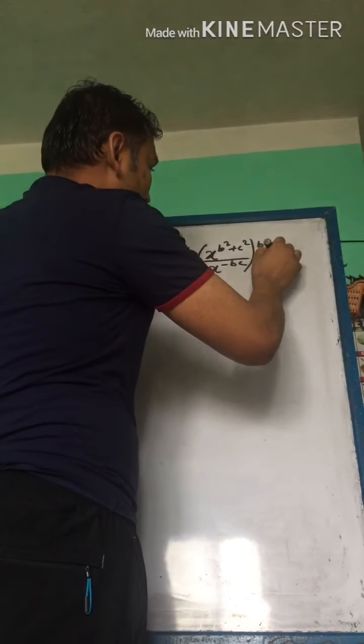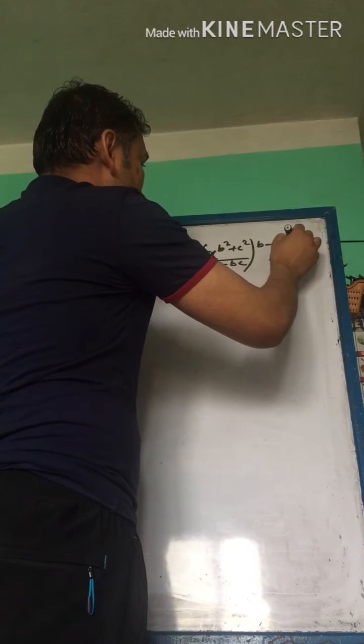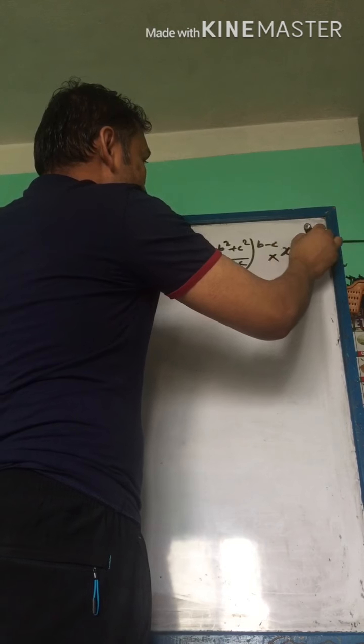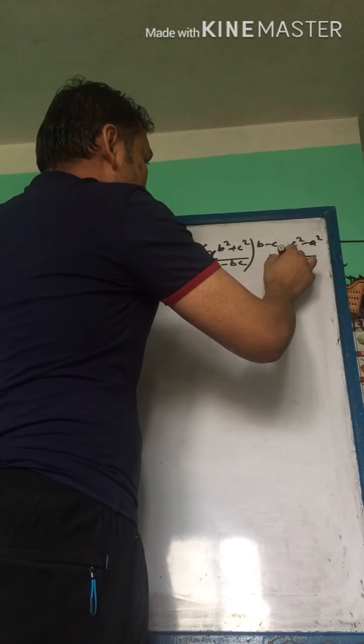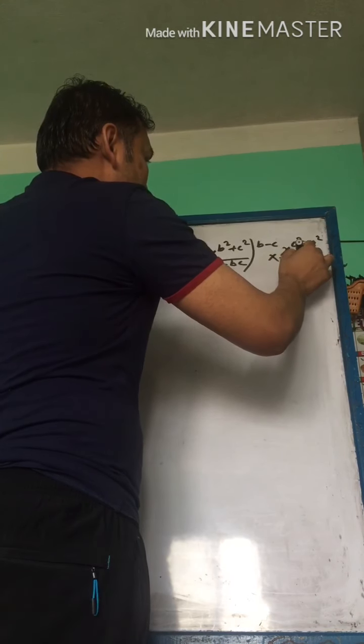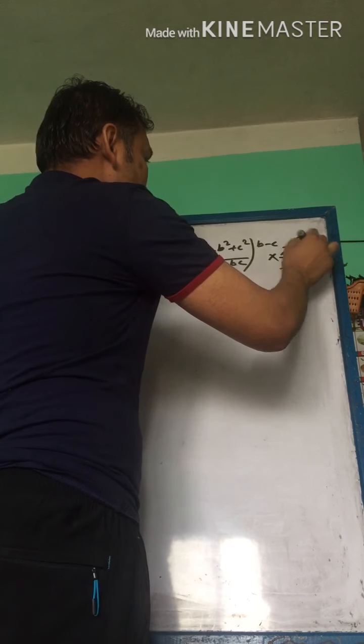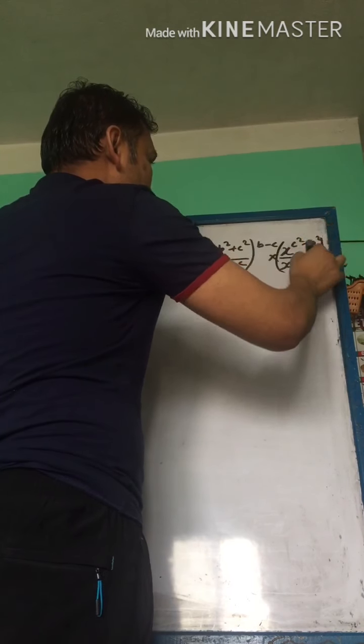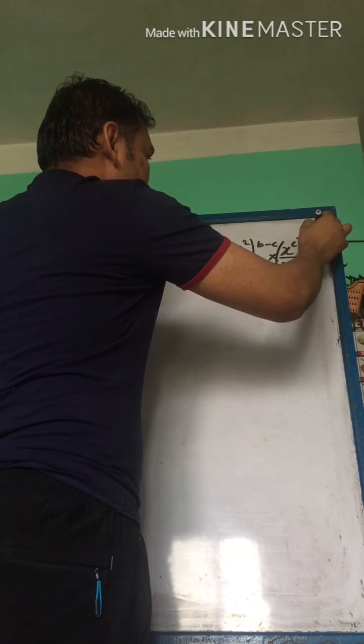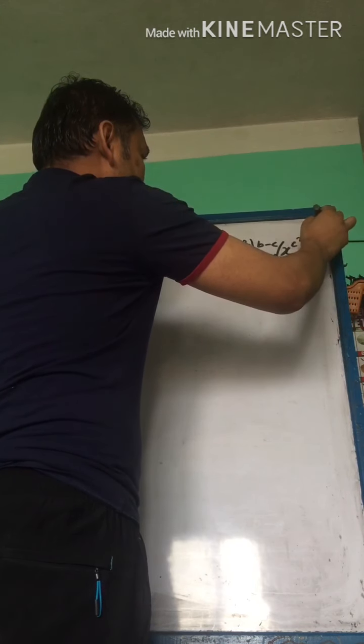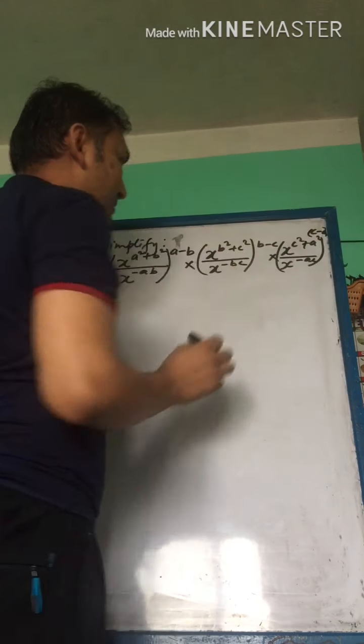Over here also, x to the power c square plus a square whole upon x to the power minus ac, whole to the power c minus a.